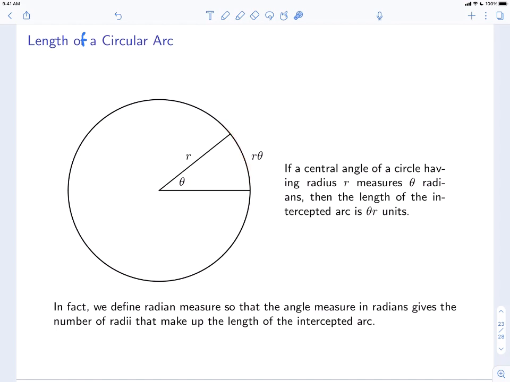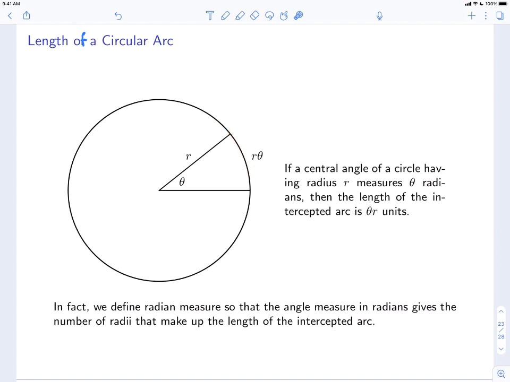If you have a circle of radius r, then a central angle, that's an angle where the vertex is the center of the circle, will intercept the circle in an arc. This is called the intercepted arc. And if the angle measures theta radians, and the radius of the circle is r, then the length of this intercepted arc is r times theta.